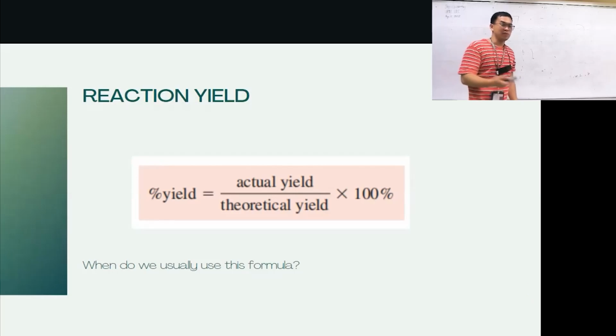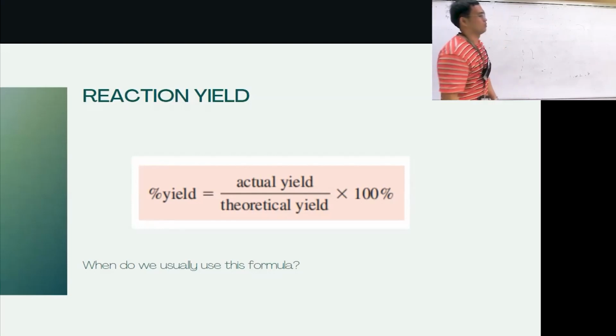In problem solving, minsan binibigay yan either of the one, and then you just have to equate the equations. We usually use this when we want to know the purity of your extract, kunyari, or residue in a problem. Madali lang yan, basic math lang yan. Y equals A over T times 100.